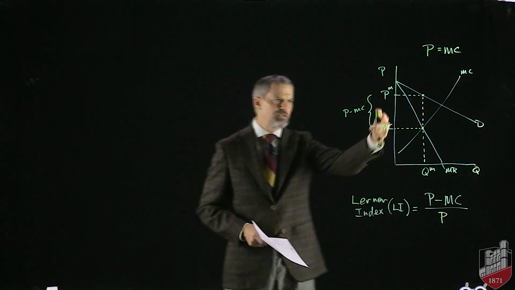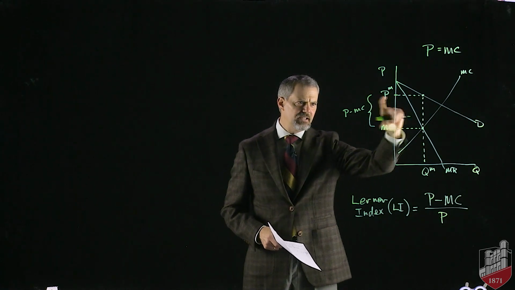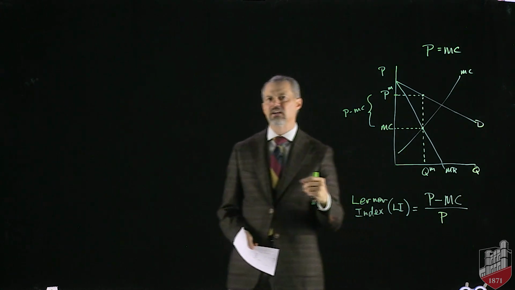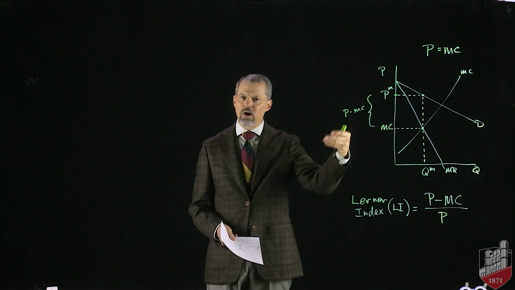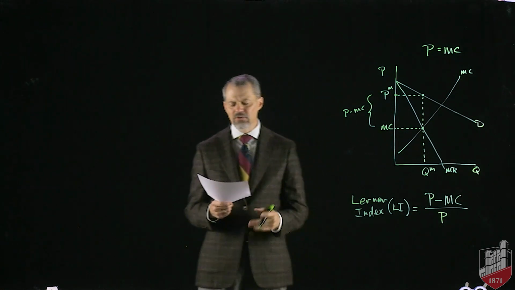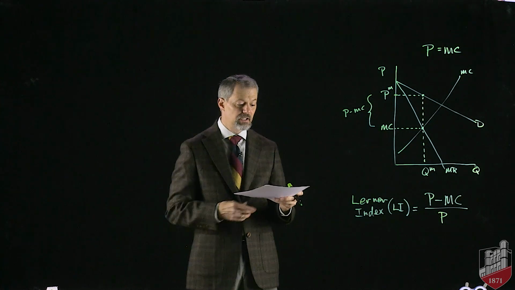So here's the price, and here's the markup. If we were to take the markup right here and divide it by the full price, that gives us a percentage of the price that is the markup. So it tells us what fraction of the price is the markup above marginal cost.